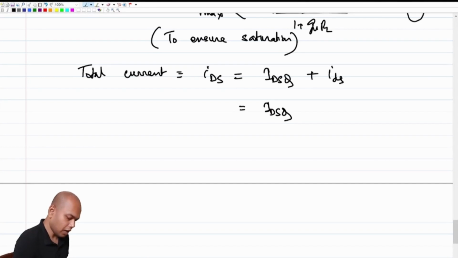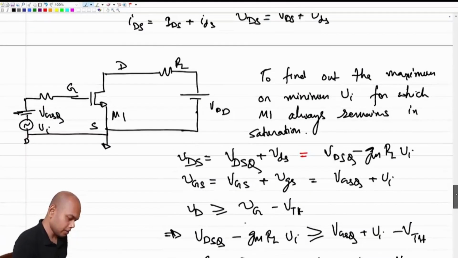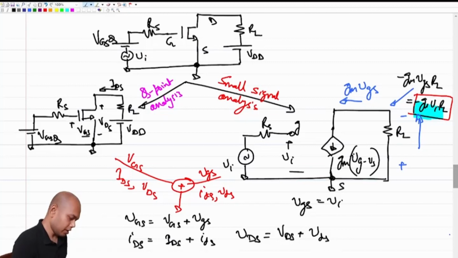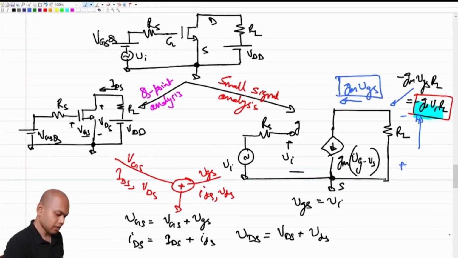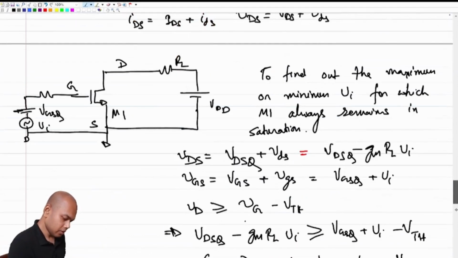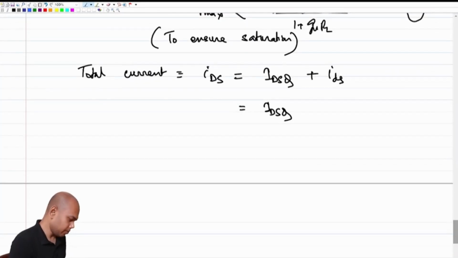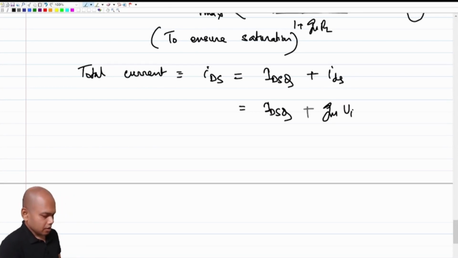What about small IDS? What is the incremental IDS? Incremental IDS is Gm times VGS, and VGS is equal to Vi in this case. So this becomes plus Gm times Vi. So what do you want this to be?